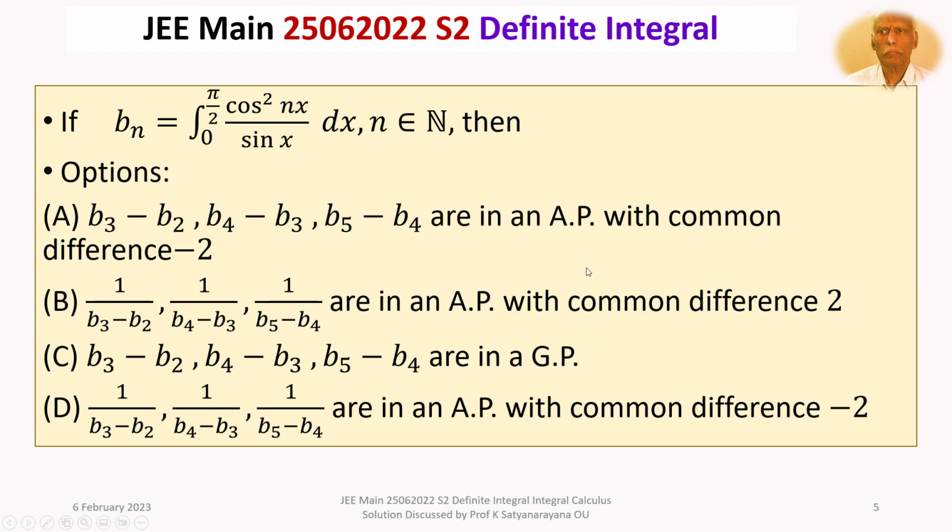So for this, since the difference of the indices is 1, we compute bn minus bn minus 1, where n belongs to N.